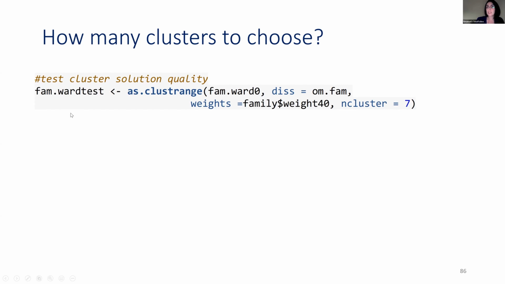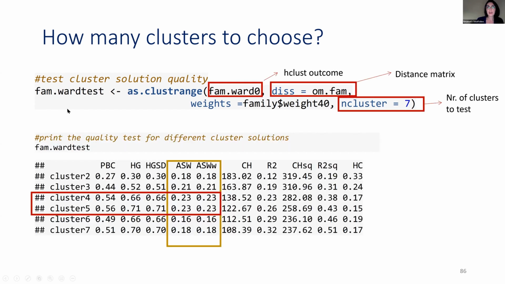I store the results into an object that I can then print. The return is the values of all the cluster quality criteria that were presented in the previous slide, that I couldn't really go through, but let's focus on the ASW.